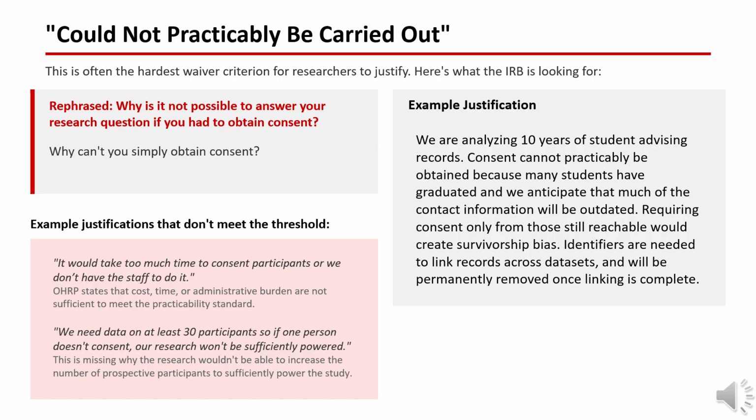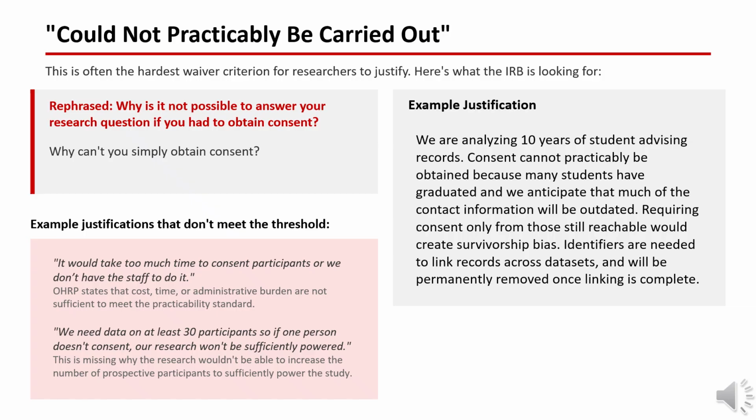Requiring consent from only those who are still reachable would create bias in the data set. Identifiers are needed to link records across datasets and will be permanently removed once linking is complete. We see that this is a sound justification because it's impossible to recontact many of these students because we simply don't have contact information for them.